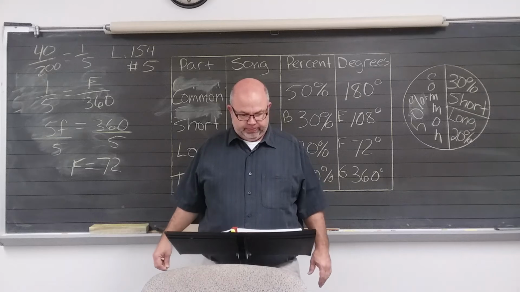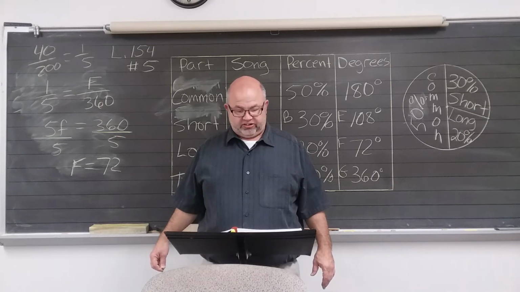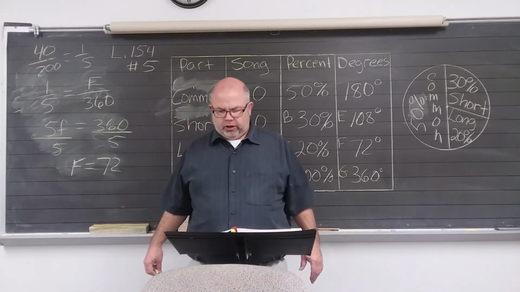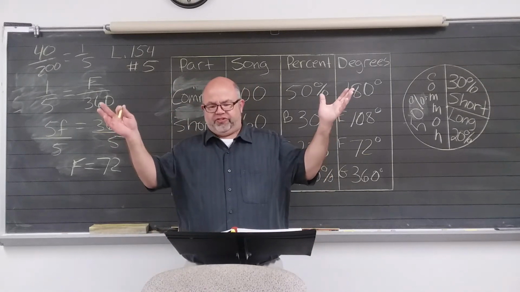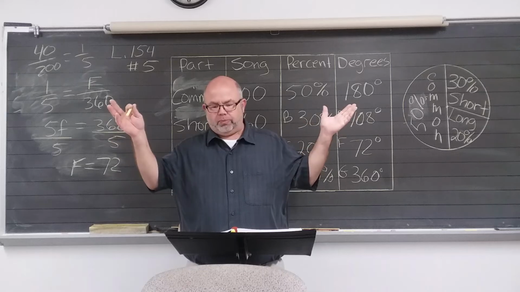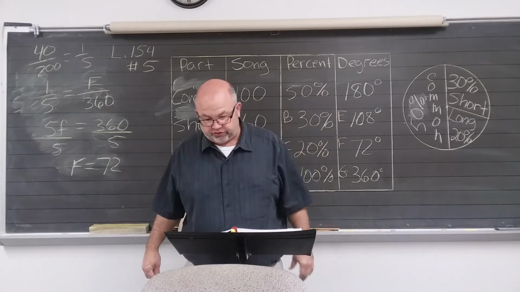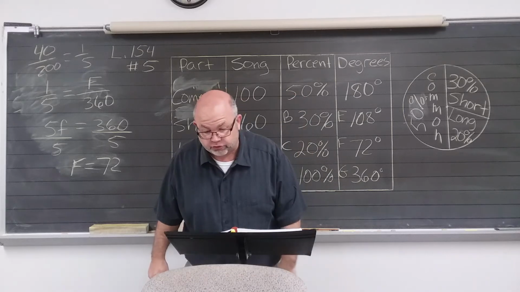Number 3, the missing side is 6 inches. Number 5, what was his total investment? What was the total amount that he owes? So that is principal plus interest. You need to figure out the interest.